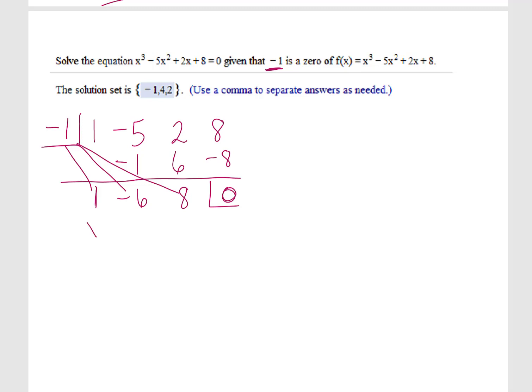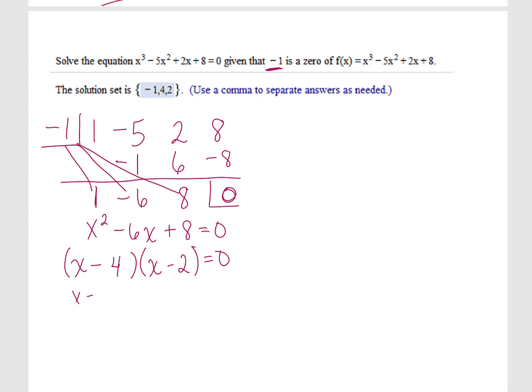This now takes me to the quadratic equation x squared minus 6x plus 8 equals 0. I'm going to factor that. X minus 4, x minus 2.